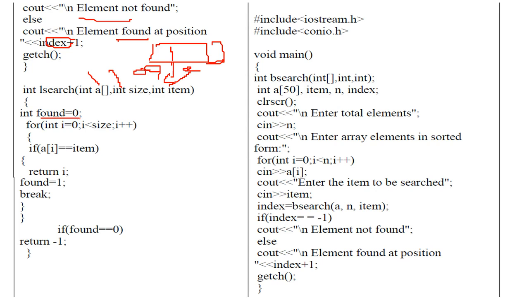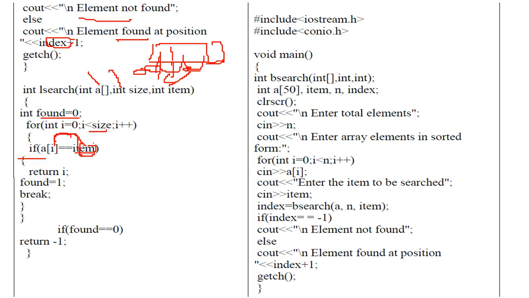We start with found equal to 0, which means the item is not yet found. Then we start with i equal to 0 and go till the size of the array, and if a[i] equals item, that is, every element of the array has to be compared with this particular item.